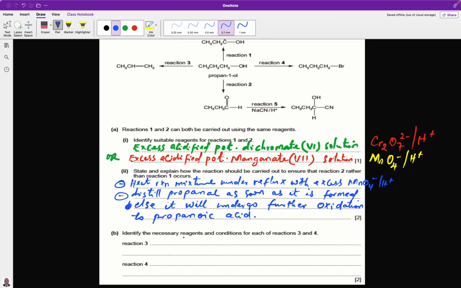So the reagent is excess concentrated sulfuric acid. Then what will be the condition? The condition is heating the reaction mixture at a temperature of about 180 degrees.